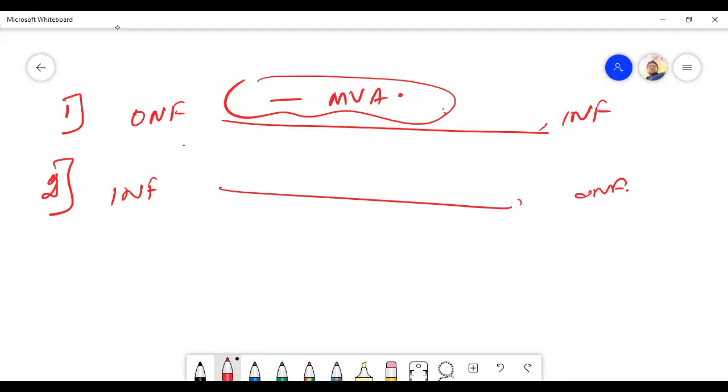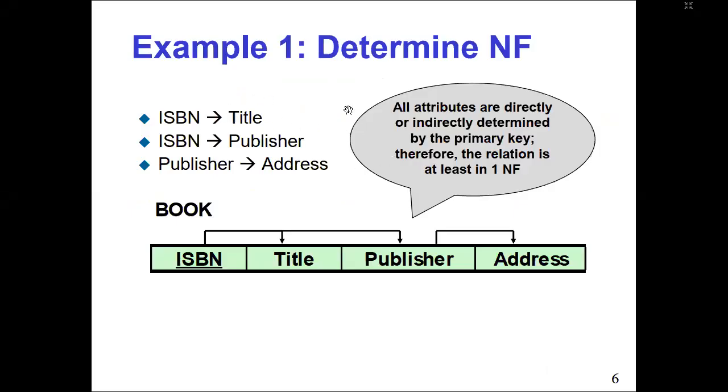Before that, we will go with our note, right? Now you can see in this case, title, publisher, and address. The address depends only on the publisher, but title and publisher directly depend on ISBN.